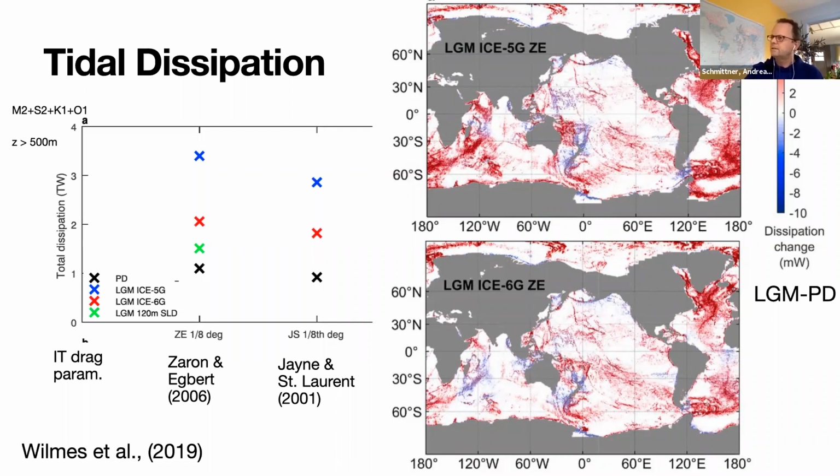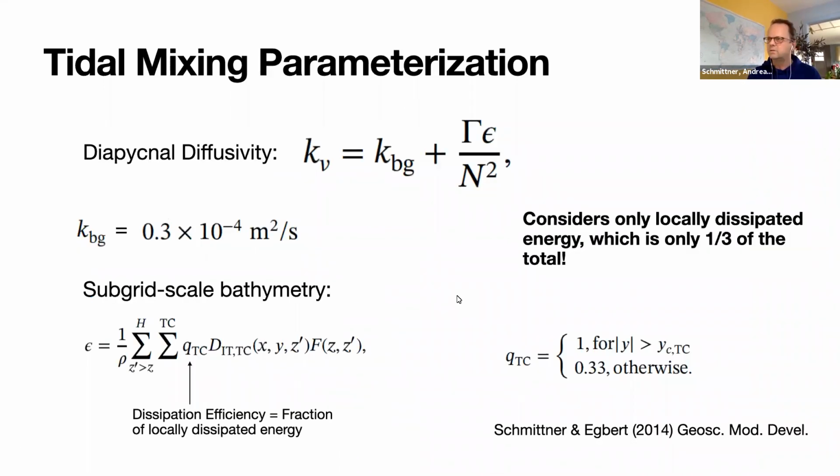And then here are some of the details of the tidal mixing parameterization that we use in the climate model. So the vertical or diapycnal diffusivity, KV, is essentially calculated using this equation here. It's a background value, K_BG, which is fixed at this number here, plus gamma times epsilon.